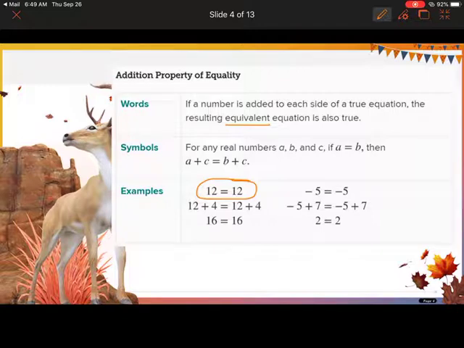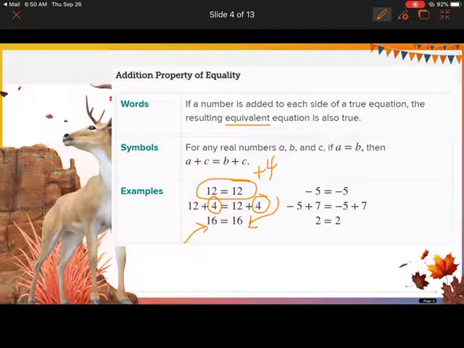So here, this is what it really means. If I have 12 equals 12, and I want to add 4 to both sides, which they did right here, is my equation still true after the result? Yes, it is. Here's the same thing over here with the -5.